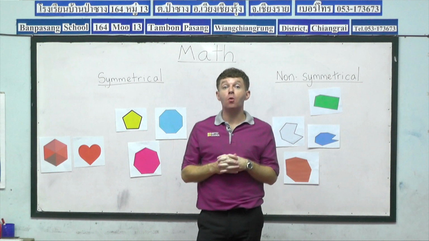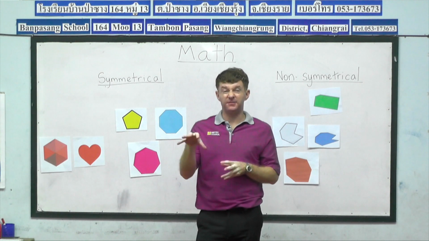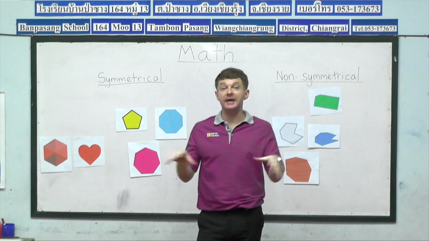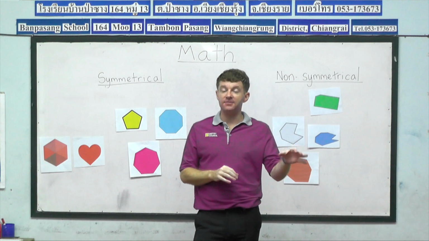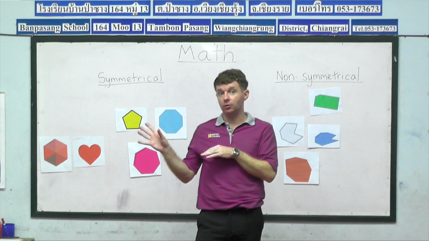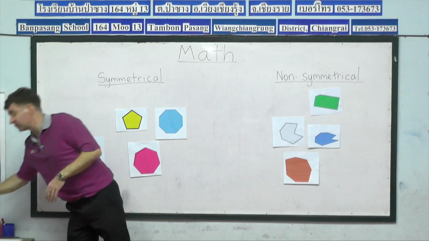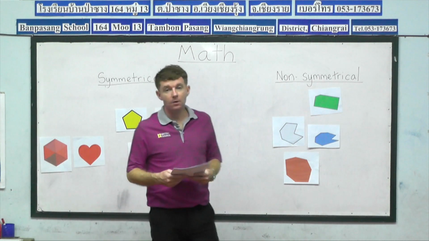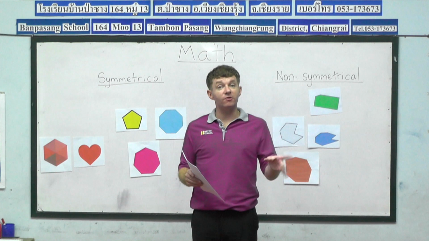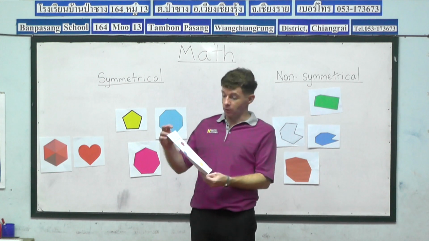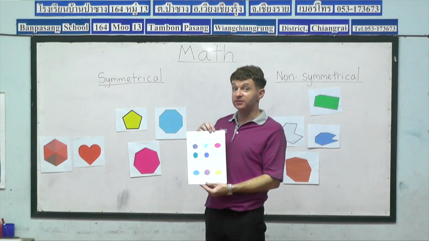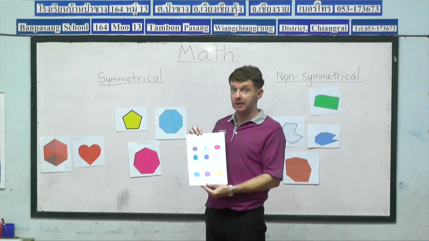It's time for our worksheet activity. So this time, our students will have to work individually to decide if the shapes are symmetrical or non-symmetrical. So teachers, what you'll need to do is print out one worksheet for each of your students. And as you can see, there is a series of shapes.